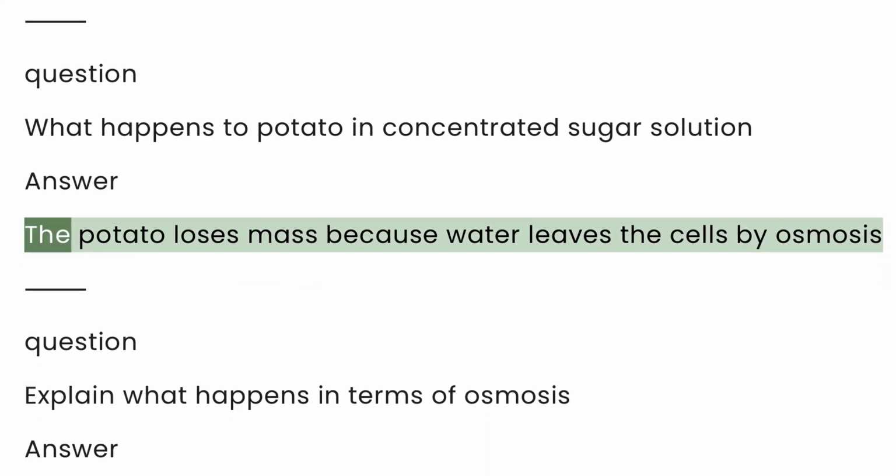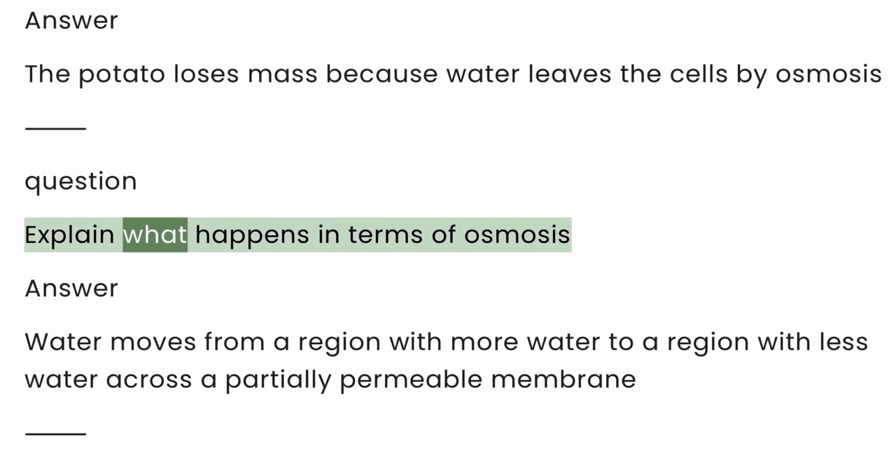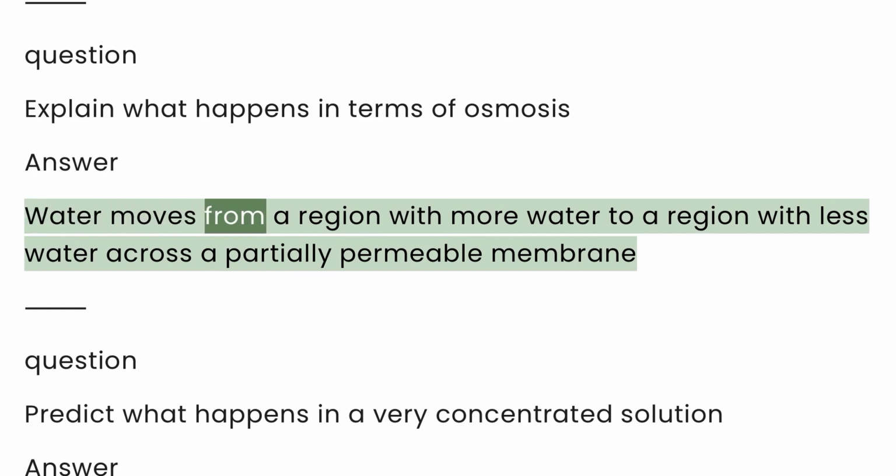Answer: the potato loses mass because water leaves the cells by osmosis. Question: explain what happens in terms of osmosis. Answer: water moves from a region with more water to a region with less water across a partially permeable membrane.